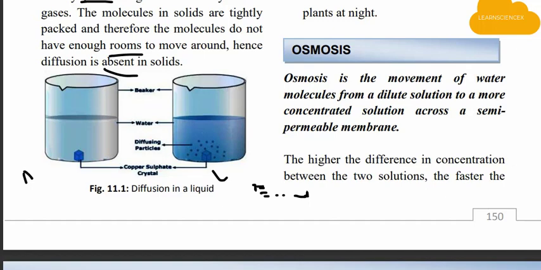So the molecules of perfume will travel from your place to the place where your friend is standing, showing that diffusion is taking place. Over a period of time, the whole room becomes evenly diffused, so that the perfume molecules will be smelled in the whole room.